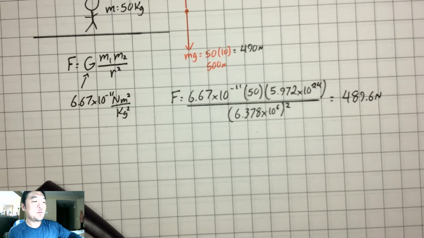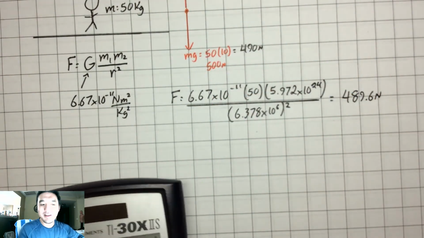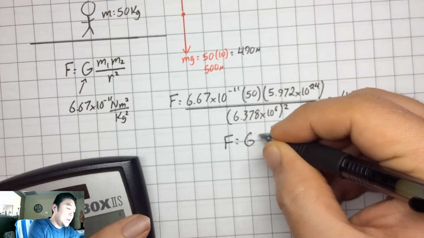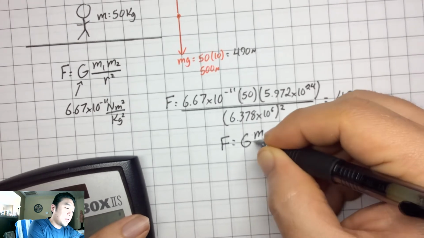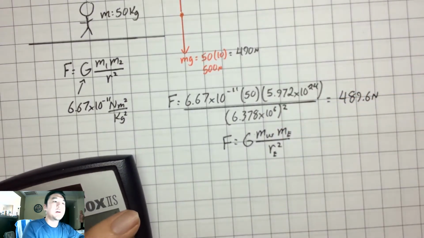So if we know that this is the formula for, again, the force of gravity on us, let me just show you one more thing. G, M us, M Earth, divided by radius of Earth, and that's going to be squared.